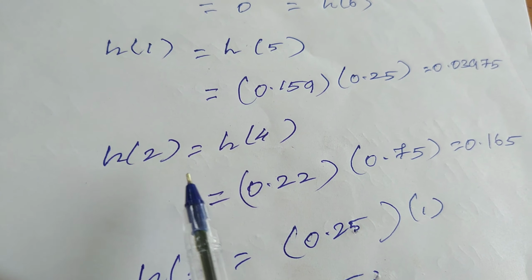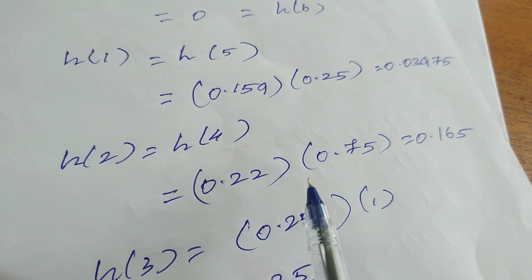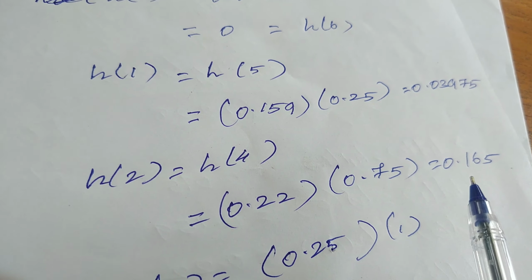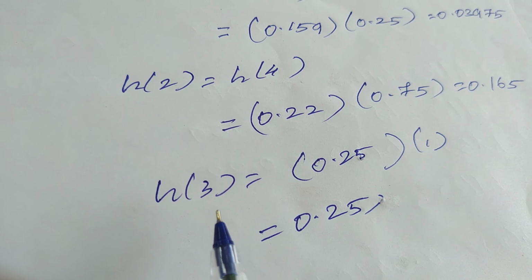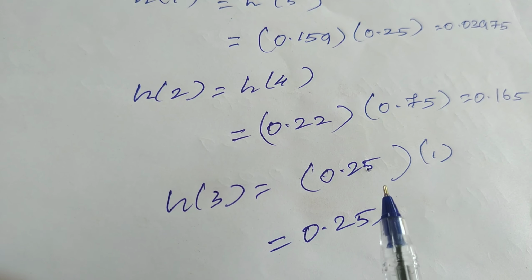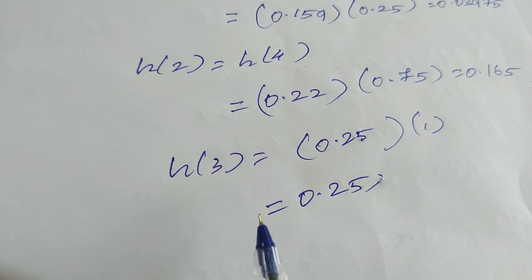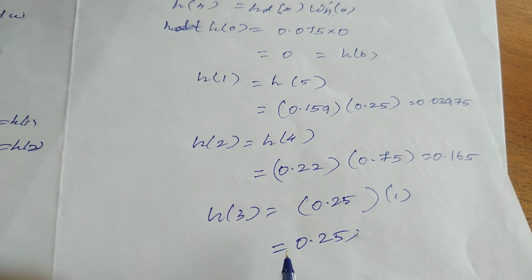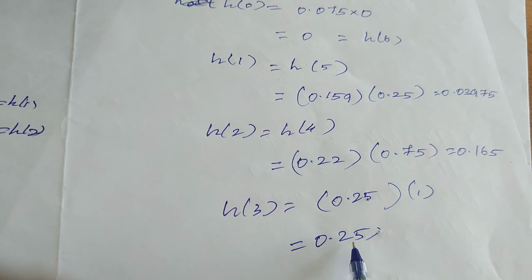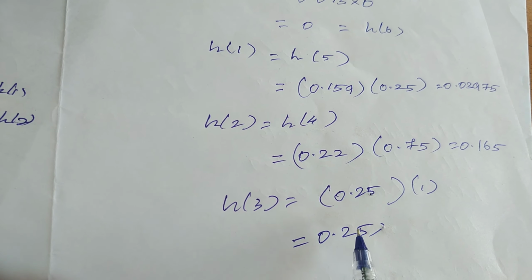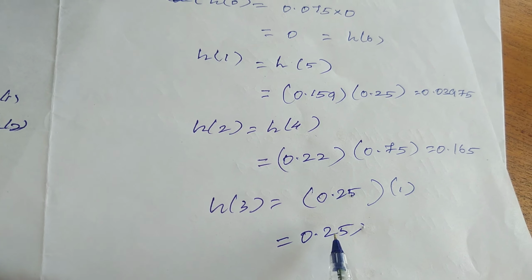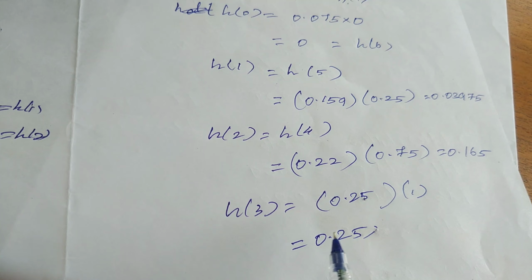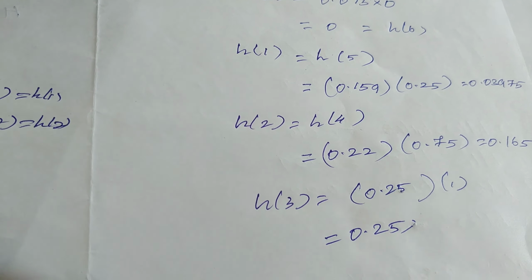Similarly h of 2 is equal to h of 4, after multiplication of hd of 2 and wh of 2. And the last one is the multiplication of hd of 3 and wh of 3, so we get h of 3. Since it is a causal sequence, everything is positive as well as causal. Therefore it is a physically realizable filter, and no more calculations are required. So this is the final step.